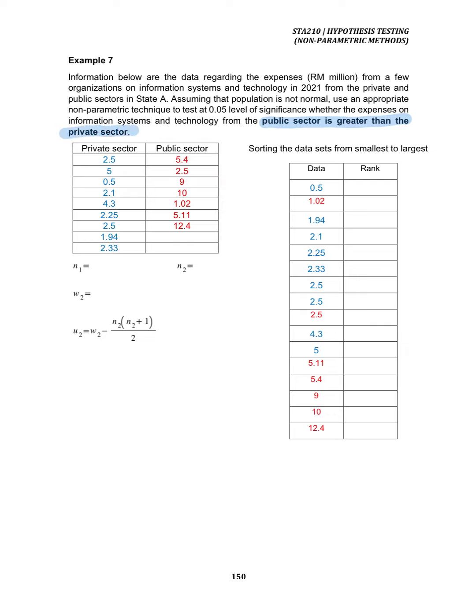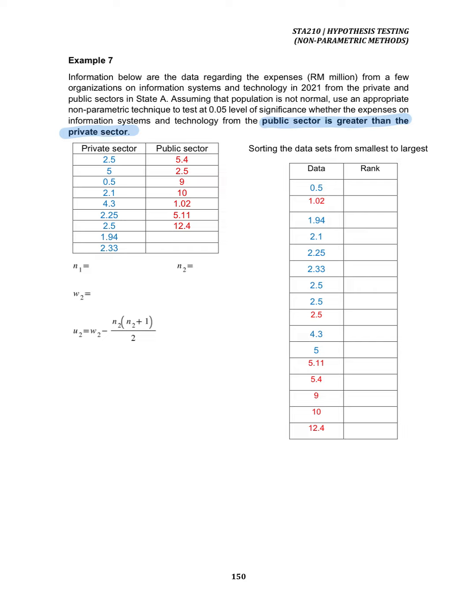Okay, so kalau kita tengok kat sini, private and public sector, kita punya N kita tak balance, tak sama. So we need to identify which one are N1, which one are N2. N1 is referring to the population that has the smallest sample size.